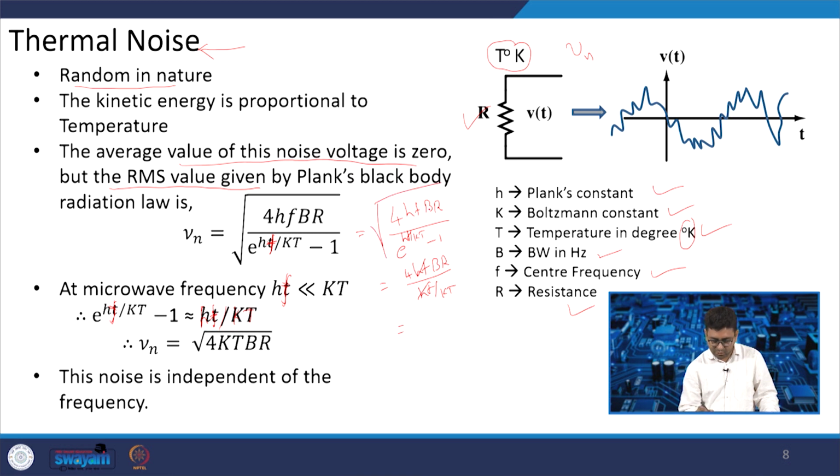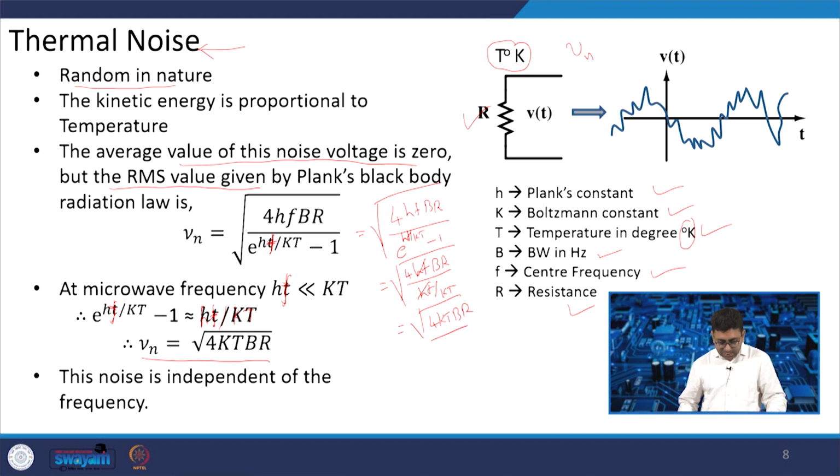So this is the noise voltage Vn, the square root of 4kTBR, and this noise is independent of the frequency, because the hf has cancelled, and it depends upon the bandwidth of the system.